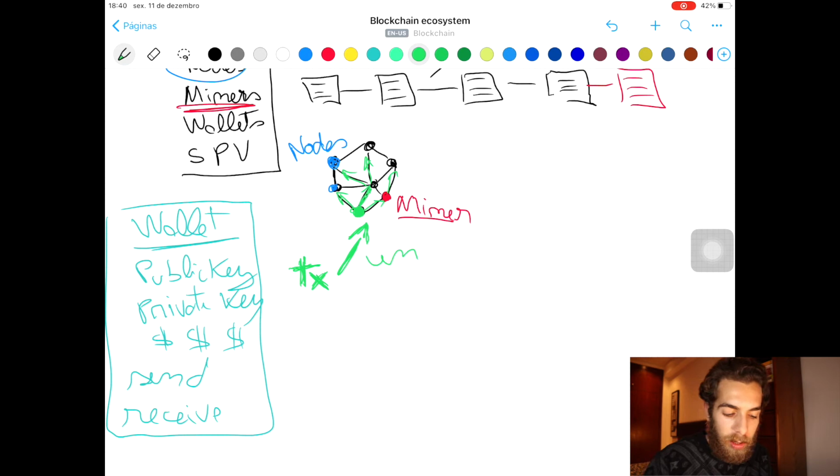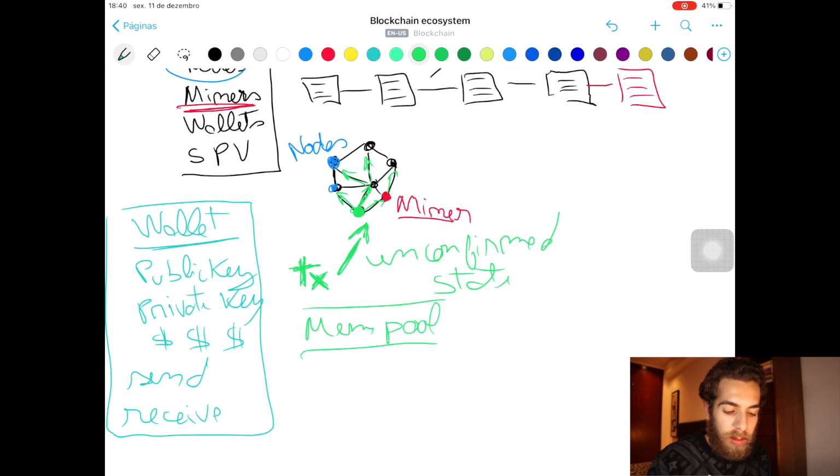But it's still in an unconfirmed state, because it's actually in a place called the mempool, but you don't really need to know that. I just remember the name because I think of memes, so it's an easy name to remember.